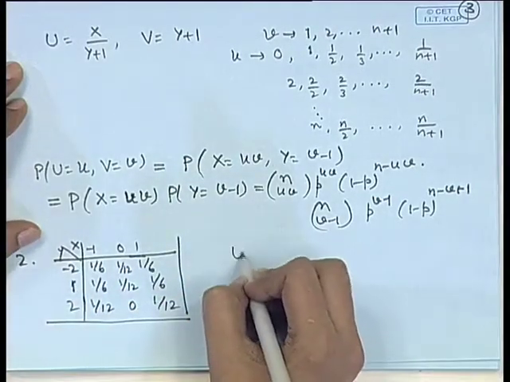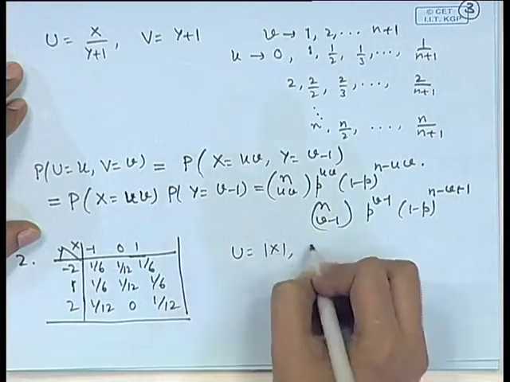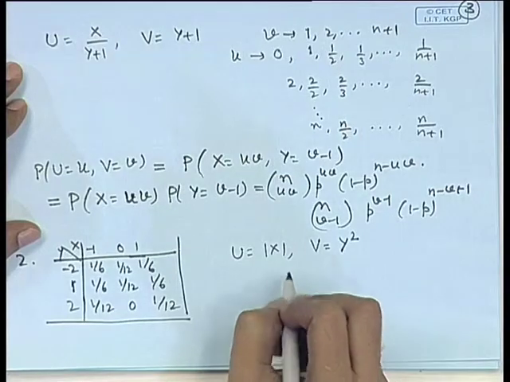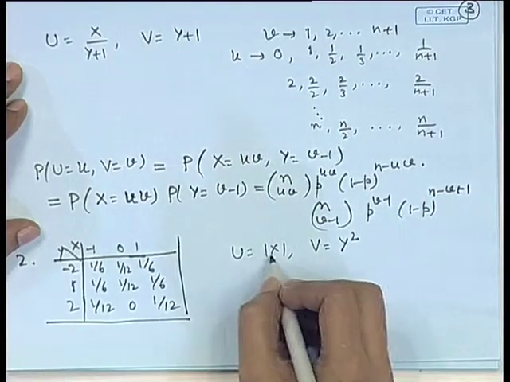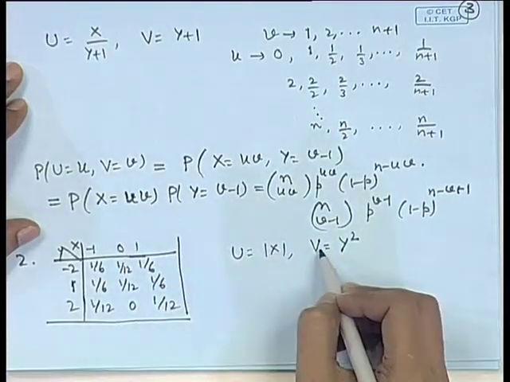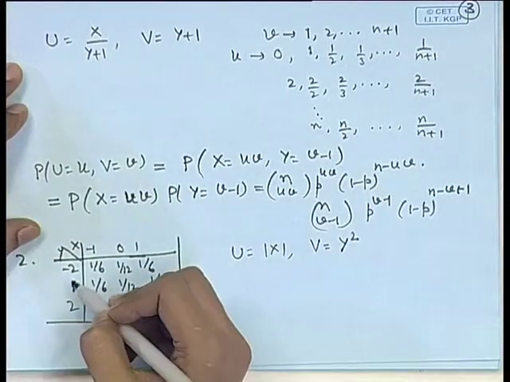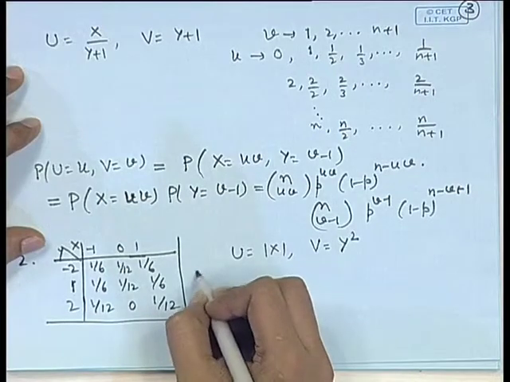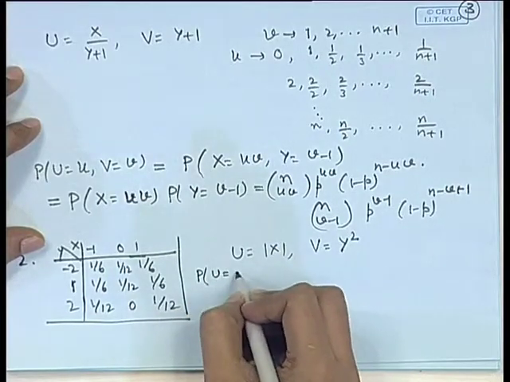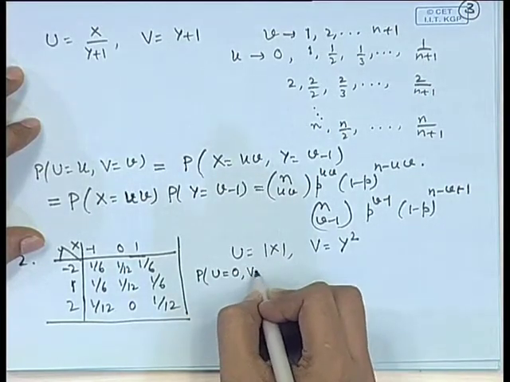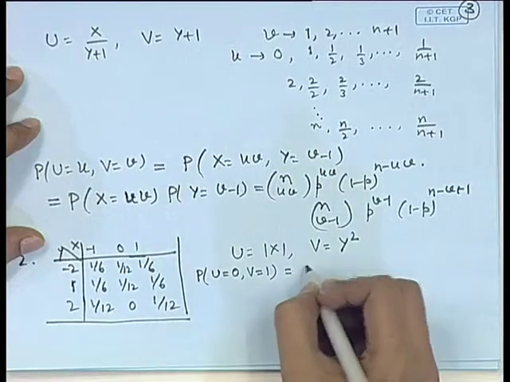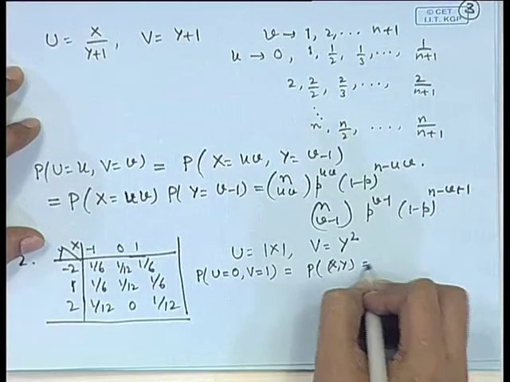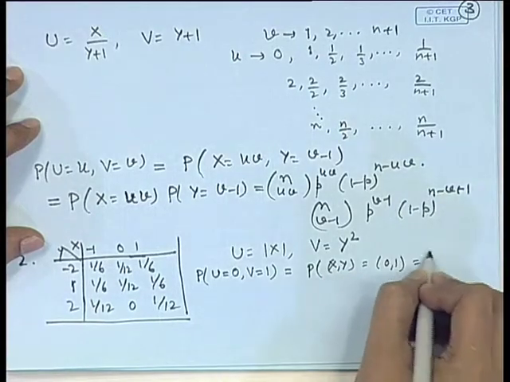Suppose I define u is equal to modulus of x and v as y square. Then the possible values of u are 0 and 1 and the possible values of v are 1 and 4. So, for the joint distribution, the probability that u is equal to 0, v is equal to 1 is simply the probability of x, y equal to 0, 1, that is 1 by 12.